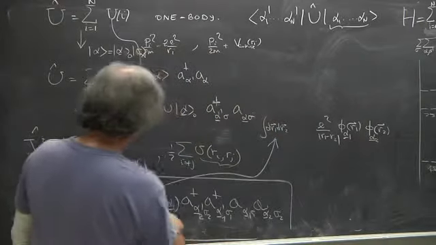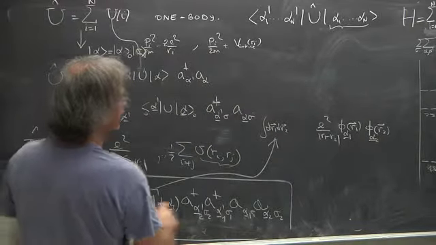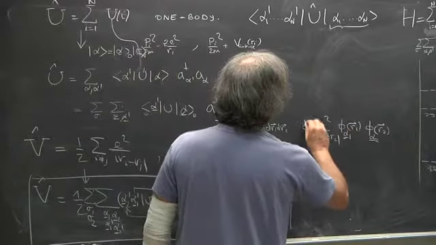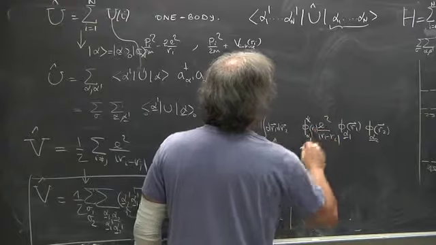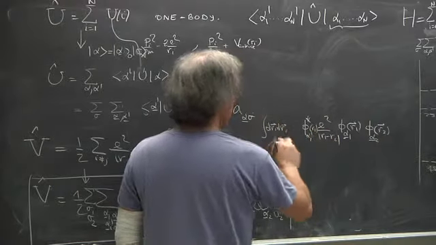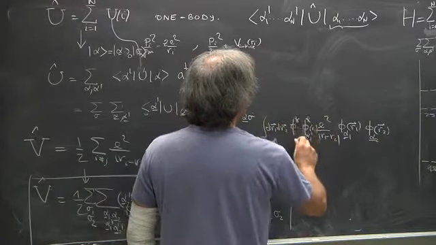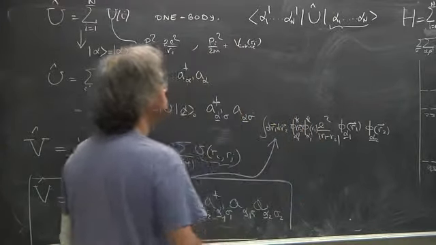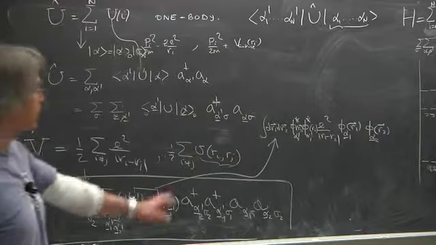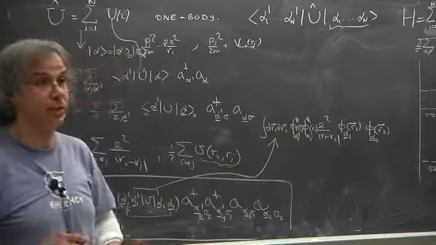And then, careful, alpha 1 prime is associated to particle 1. So I should write phi star alpha 1 prime of R1, and not R2, and phi star alpha 2 prime of R2. So this would be a double integral, a 6-dimensional integral that you need to calculate.